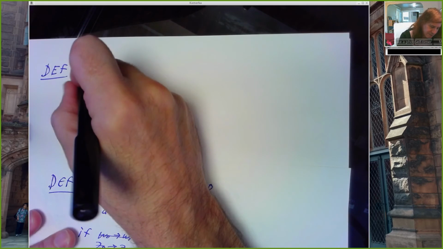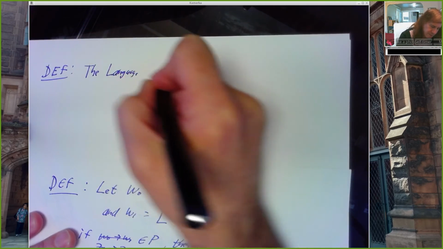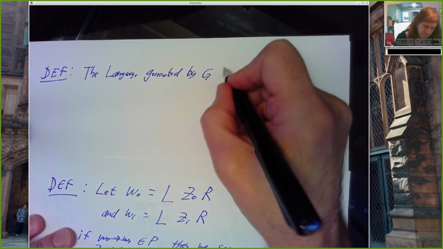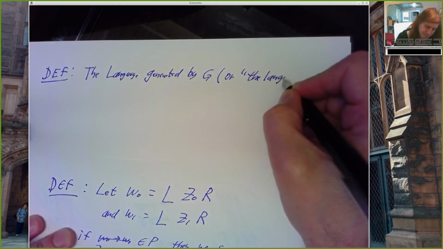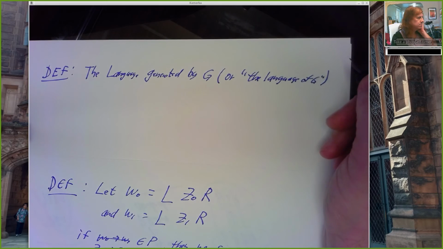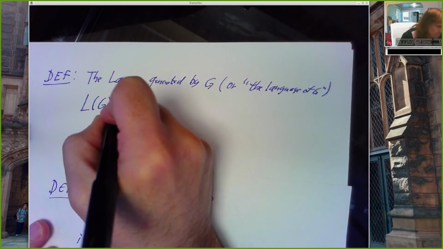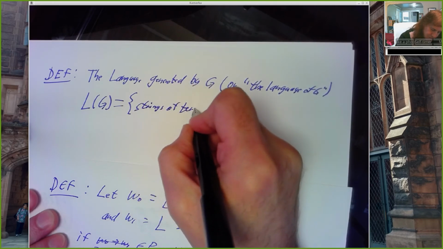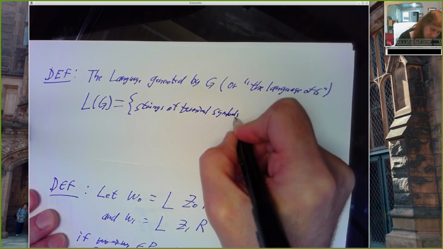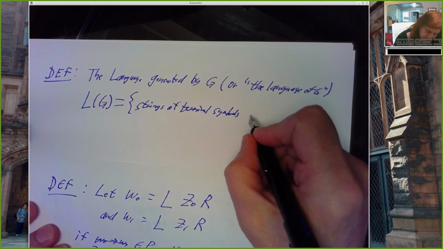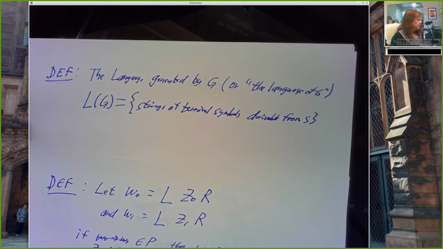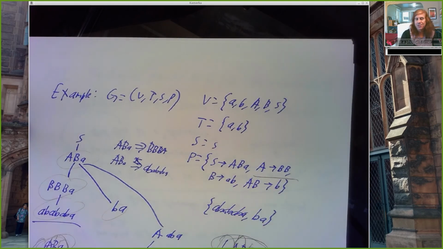Definition: the language generated by a grammar G, or sometimes we say the language of G, equals the set of all strings of terminals that are derivable from S. So it's the set of all strings of terminal symbols that you can get to by starting with S, your start symbol, and applying production rules.